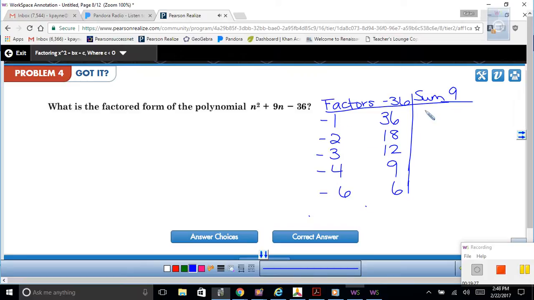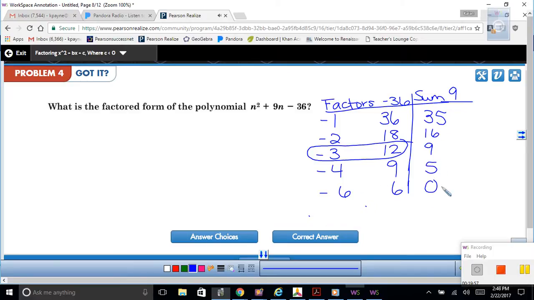Negative 1 plus 36 is 35, not 9. Negative 2 plus 18 is 16, not 9, but closer. Negative 3 plus 12 is 9. So those are our numbers, negative 3 and 12. We just finished this table out so you can see that neither one of these works. Negative 4 plus 9 is 5. Negative 6 plus 6 is 0.